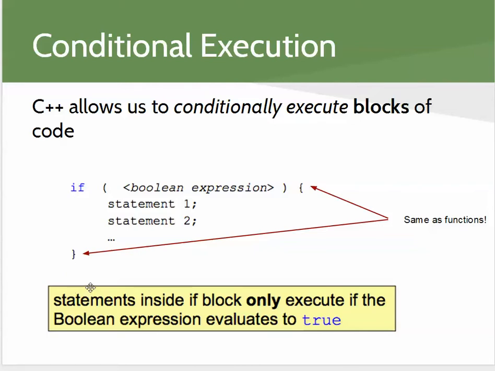If you look at what the textbook talks about in terms of the real syntax of C++, these braces are in fact optional for if statements. If you leave the braces out, however, only statement 1, only the very first statement right underneath the if statement, is connected to it. And the other statements, so if you had a statement 2, would execute either way.